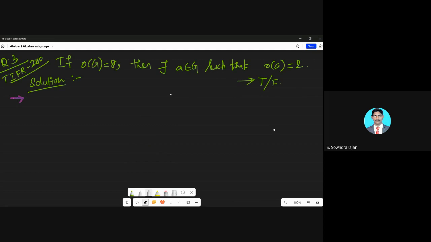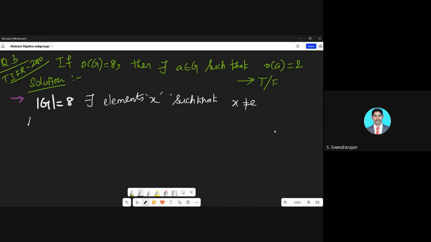So let's see here. The order of G is 8. Then there exist elements x such that x is not equal to the identity element.